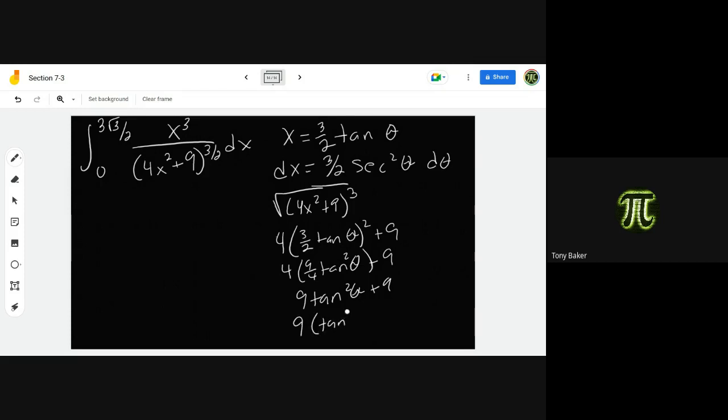I have tangent squared theta plus 1. So this becomes 3 secant theta to the 3rd power. Don't lose the 3rd power.